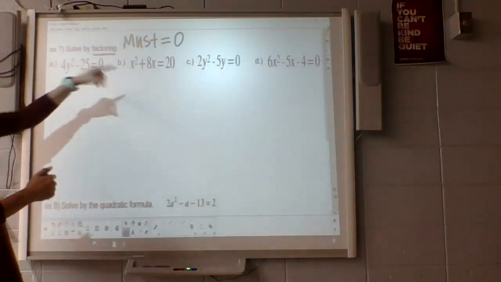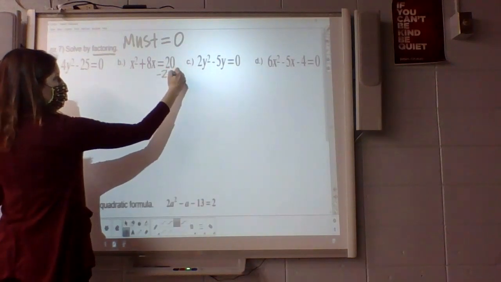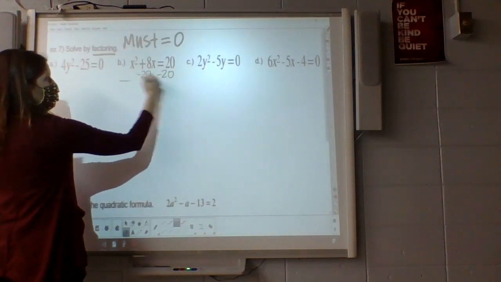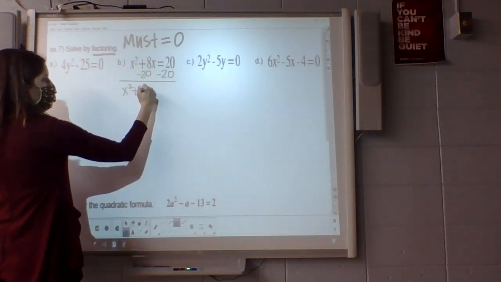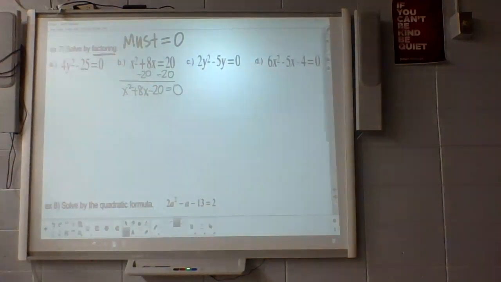Like this letter B, I want to move this 20 over right away. So they all have to equal 0 in order to solve by factoring.